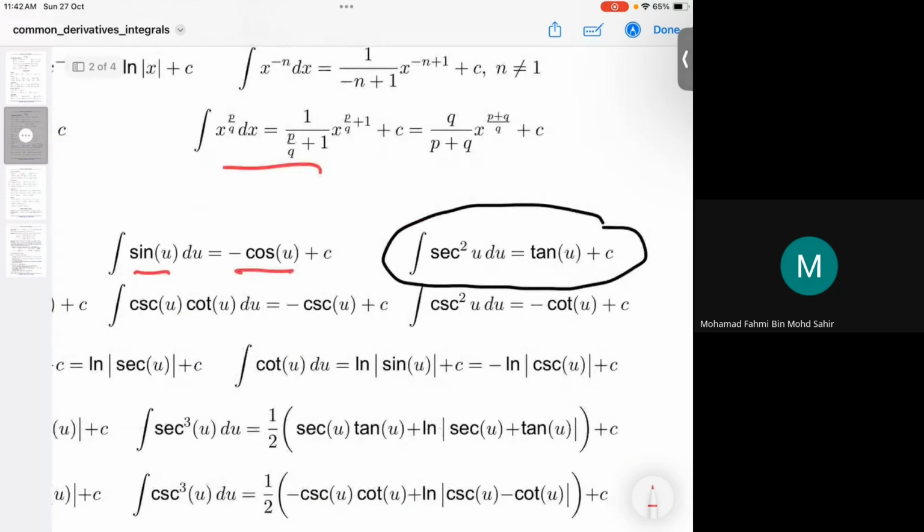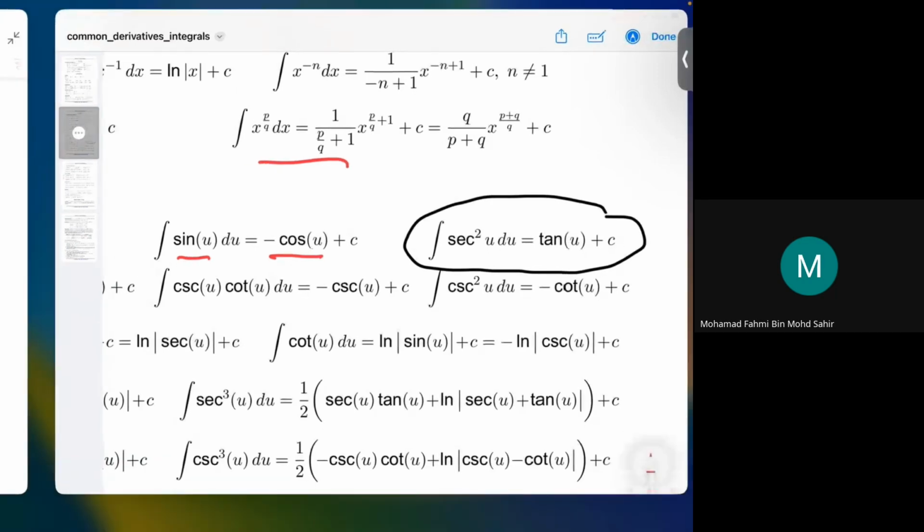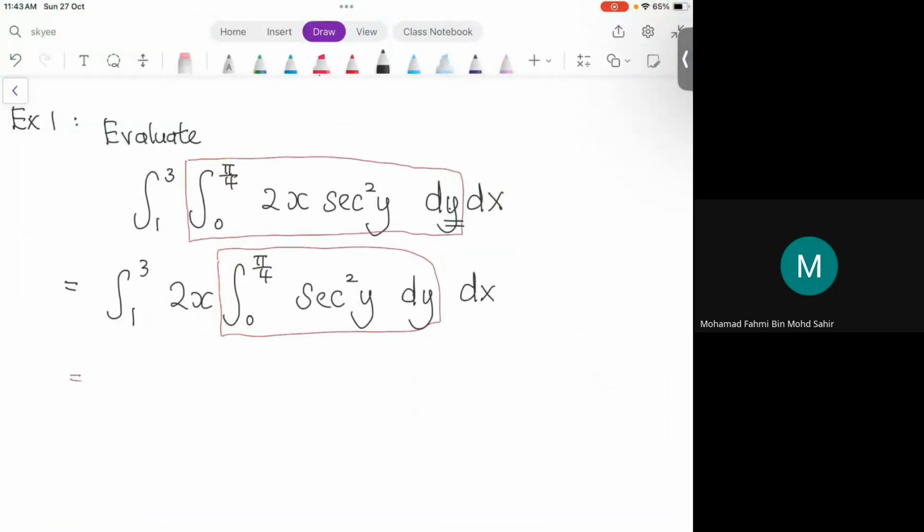If you integrate secant squared u du, you will get tangent u plus c. So we use this one. It will be equal to tangent, it's not u, right? So it's tangent y. And since you have the limits, you have to place your limits here, and dx still put here.